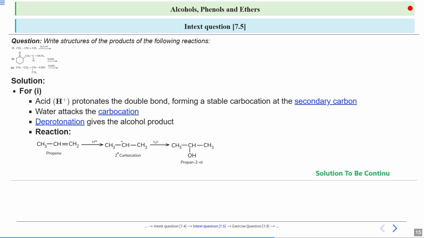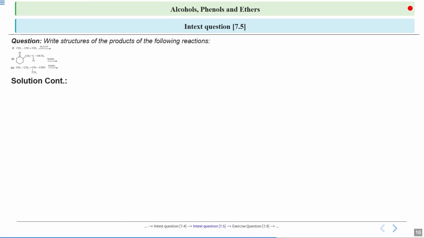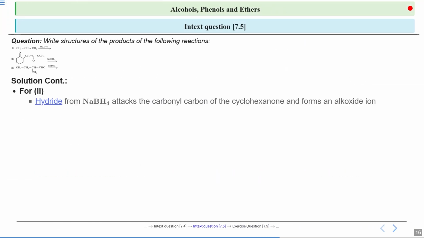Now let us see the second part. In the second part, it is given sodium borohydride, that is NaBH4. So what will happen, H minus, that is hydride from NaBH4, will attack the carbonyl carbon of your cyclohexanone, because here you see cyclohexanone.